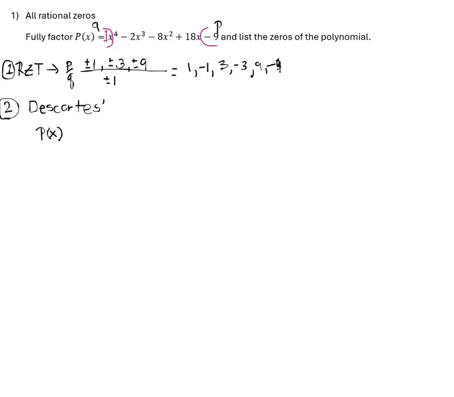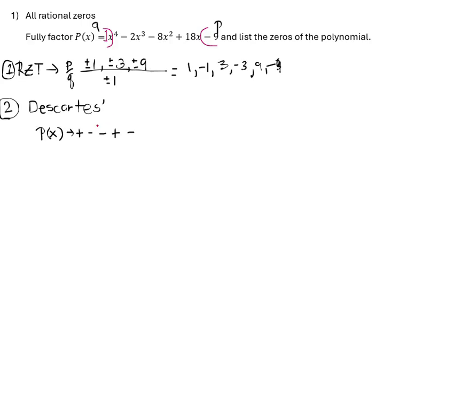So we're going to take our original function, p of x, and mark down our signs. The first term is positive, the second term is negative, the third term is a negative 8x squared, the fourth term is a positive 18x, and the last term is a negative 9.